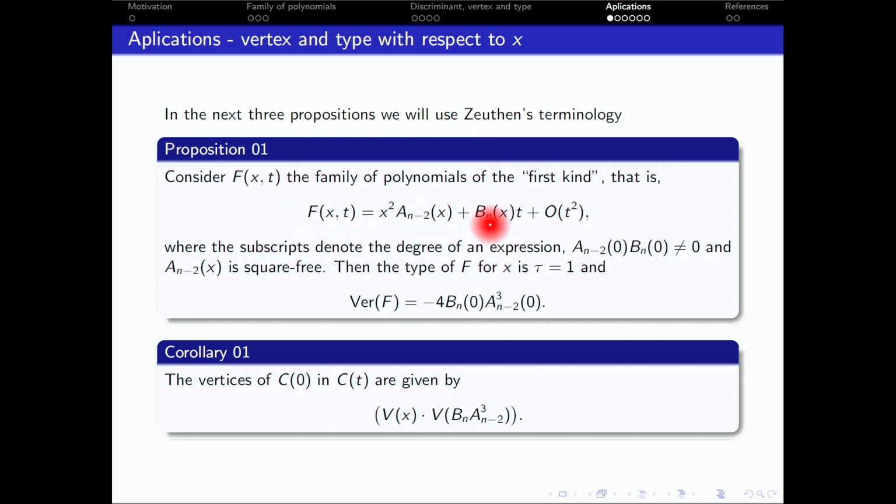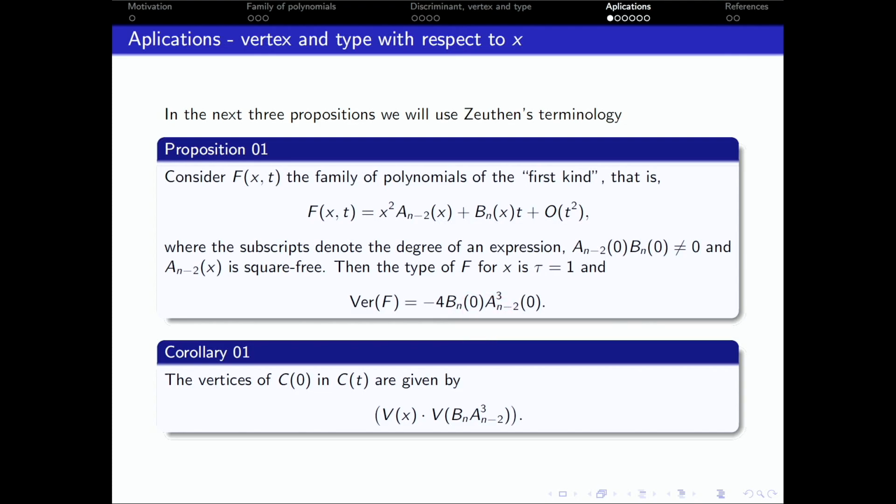It's a family that satisfies this expression. We assume that this product is non-zero, and this component here is square free. So the type with respect to x is equal to 1, but since this is square free, we can say that the general type of this family is 1, and the vertex satisfies this expression.